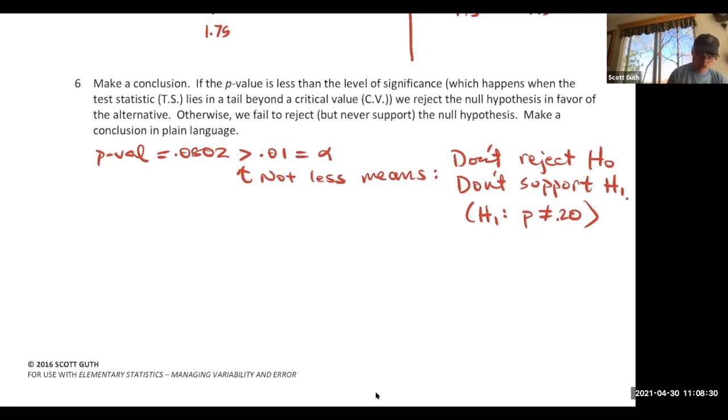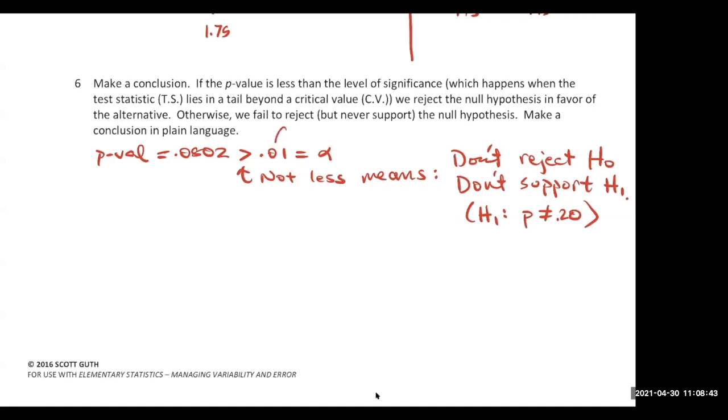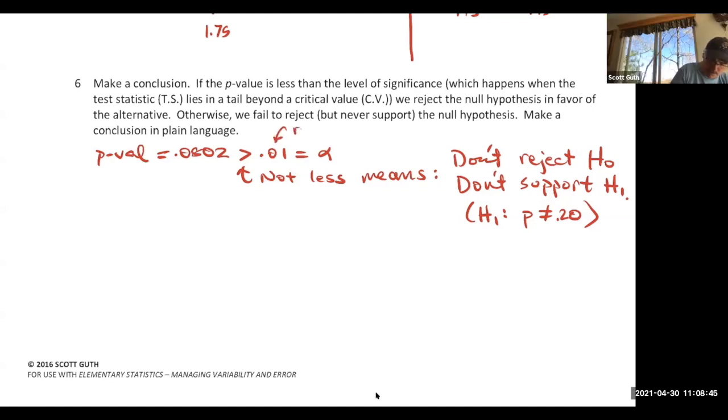That's way too high if you're saying 1% or less is significant. Does that make sense? Sort of, yeah. This is our rule for significance. That's why we call it the level of significance. This is sort of what I'd call the observed significance.